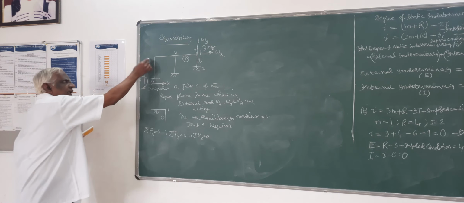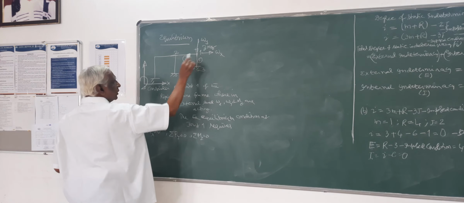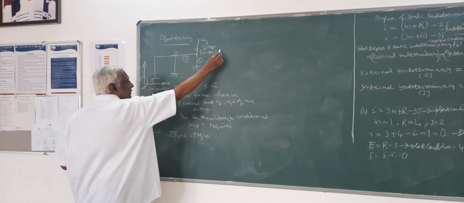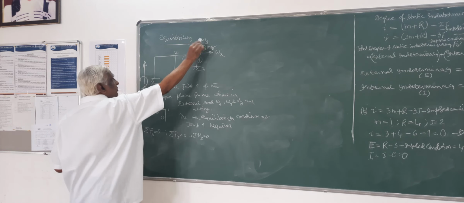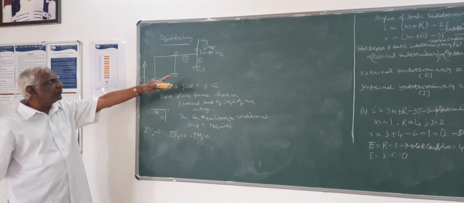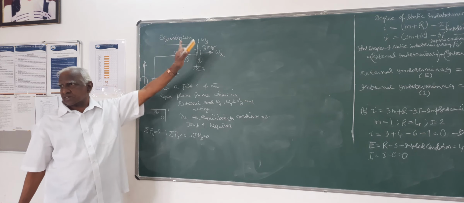That is the sign convention I adopt. Here external Wx is in the positive direction of x, so this is positive. This will be negative because it is opposite to the y direction. This is clockwise, so it is positive external.